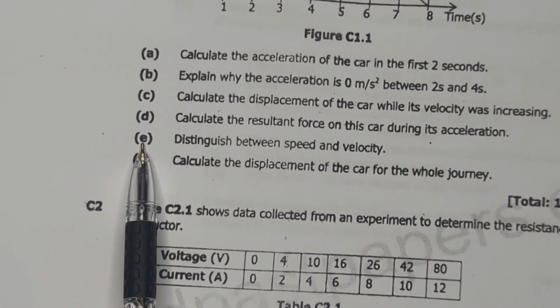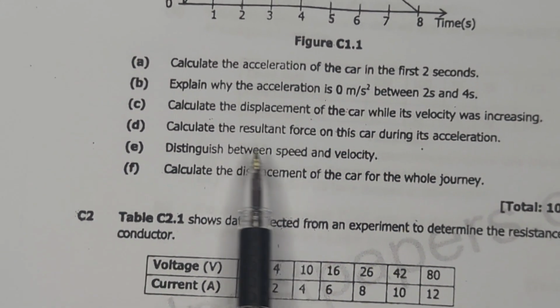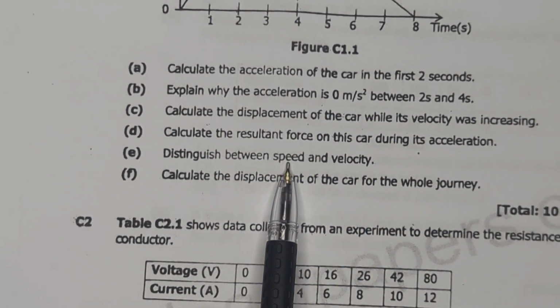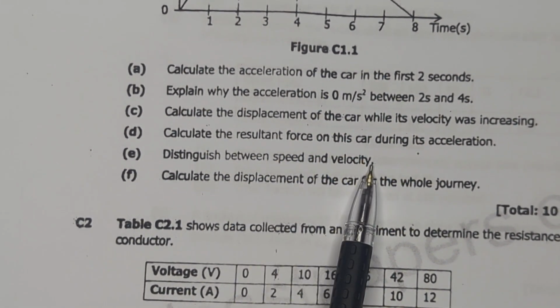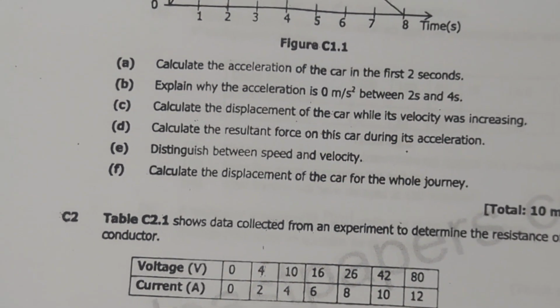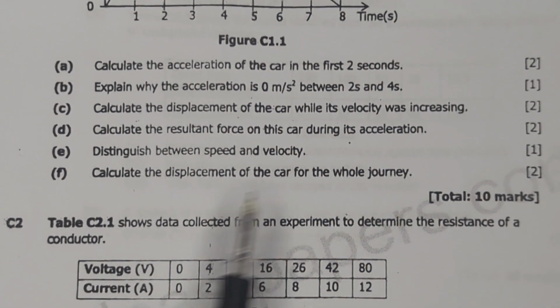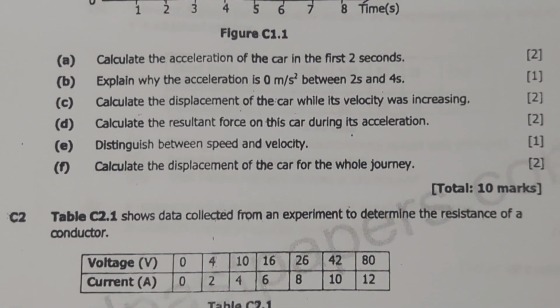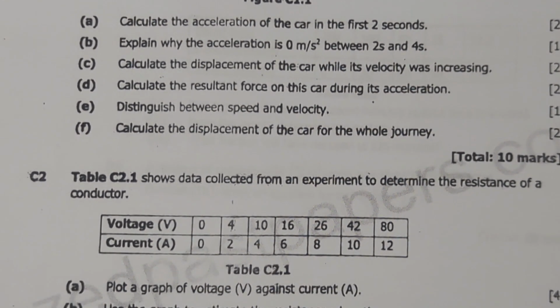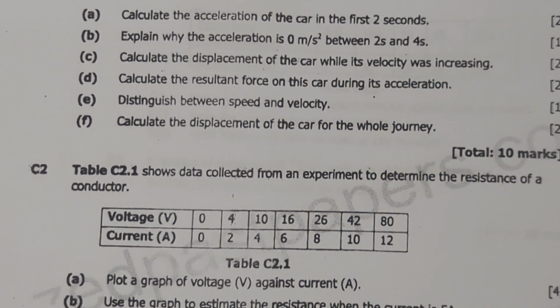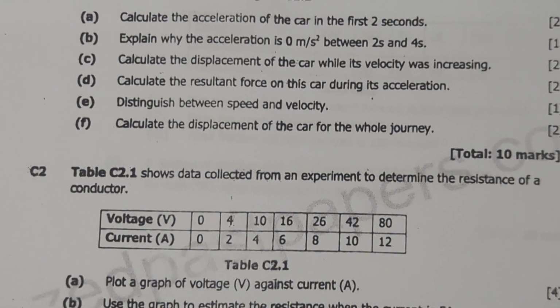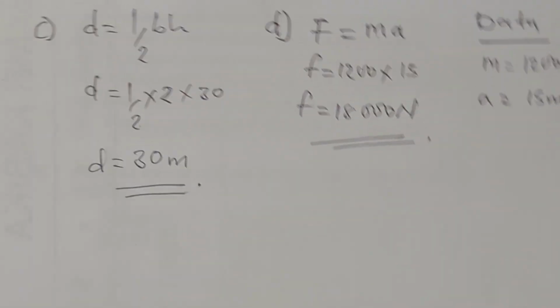Number E, they are saying distinguish between speed and velocity. If we check the marks here, that is 1 mark. When they say distinguish, it is the same as giving the difference.